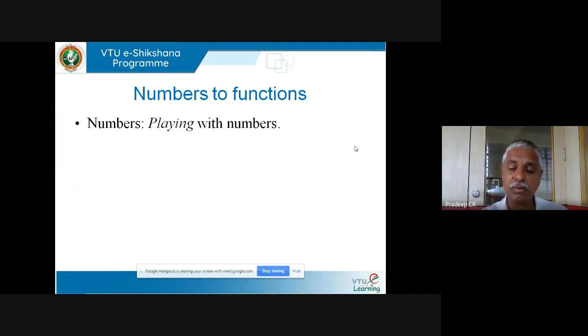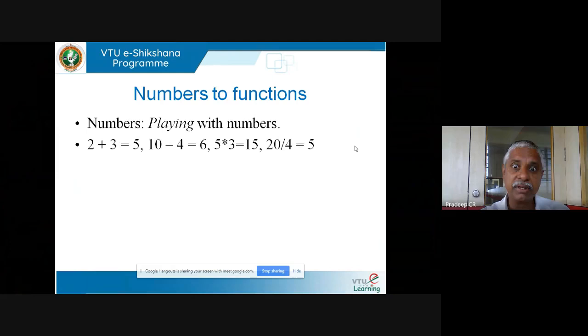Numbers means we know 1, 2, 3, 4, etc. And then after learning numbers, we started playing around with numbers. Playing means what? When you were playing with numbers, these were the things you did. You added numbers, you subtracted numbers, you multiplied numbers, you divided numbers. All these are the four fundamental ways in which you played with numbers.